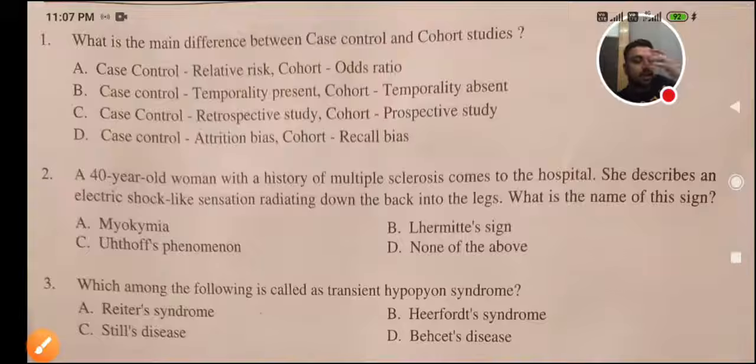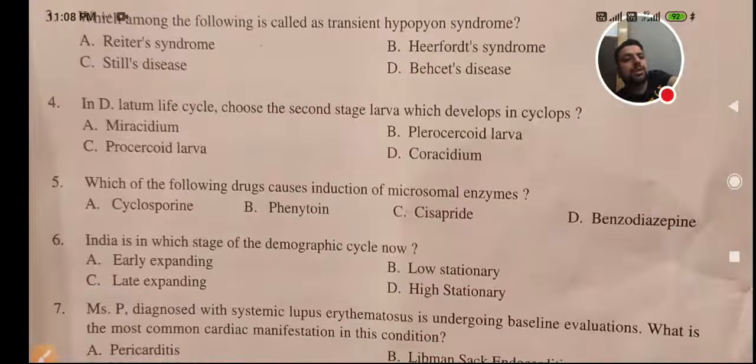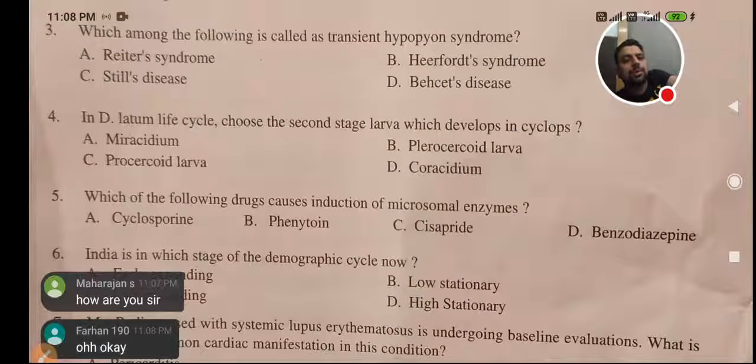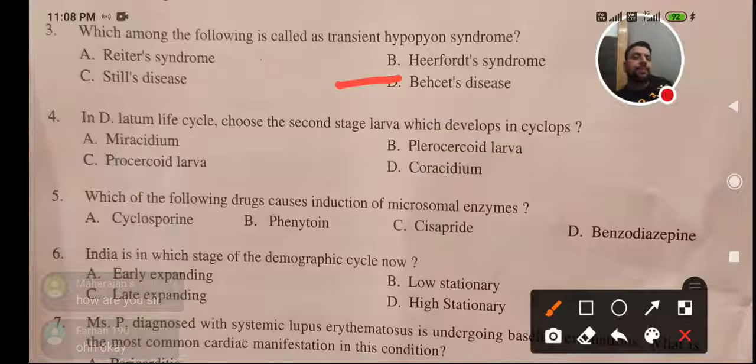Now, which among the following is called transient hypopyon syndrome? The answer here is: hypopyon syndrome is seen in Behçet's disease.